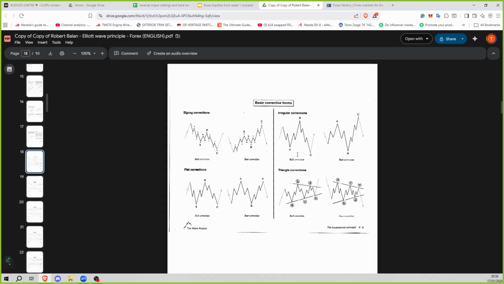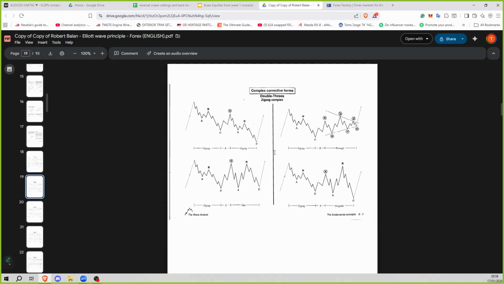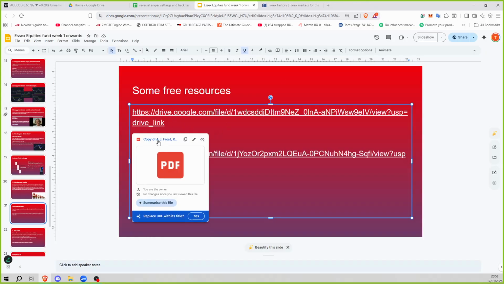For instance, you've got zigzag patterns which are like that. You'll find that within these two books you're going to cover pretty much everything we have and haven't covered today. There's a lot you can learn. This one's huge, it's 256 pages.